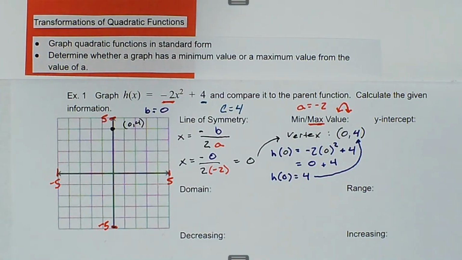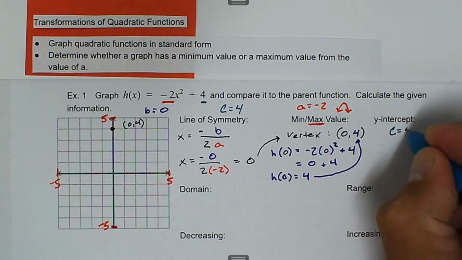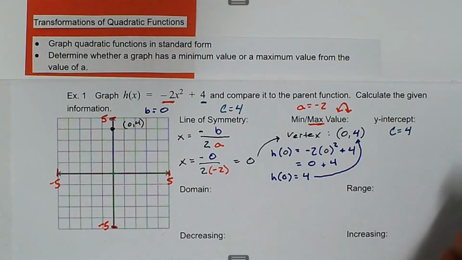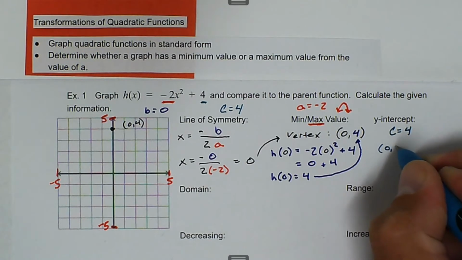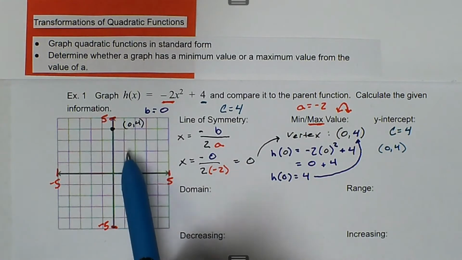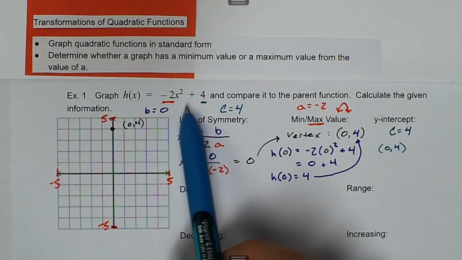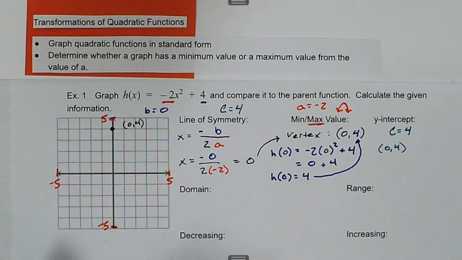And this is actually as our y-intercept comes from our c value, which we said c is equal to 4. And so our y-intercept is 0, 4. So our vertex and our y-intercept happen to be the same thing. Now we can substitute 1 in and figure out what happens, and we can substitute 2 and figure out what happens, and then we can graph it.